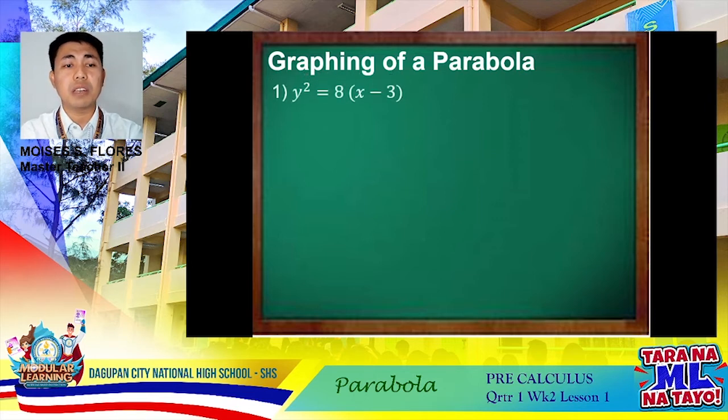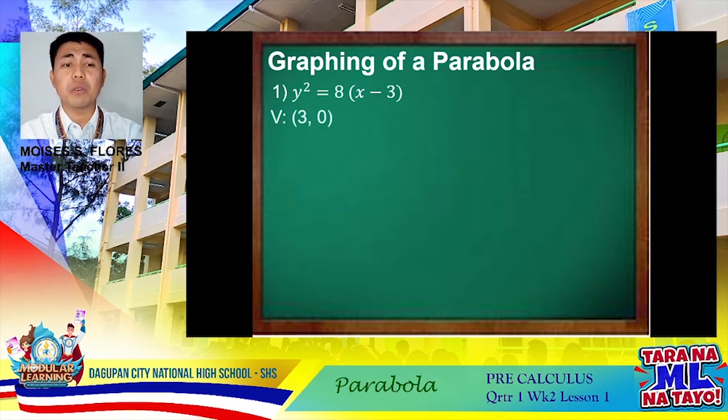So as we have here the first example, y squared equals 8 quantity x minus 3. You notice it's a combination of vertex at origin with respect to y and vertex at (h, k) with respect to x. So let's identify its vertex. Now the vertex there is what? (3, 0).